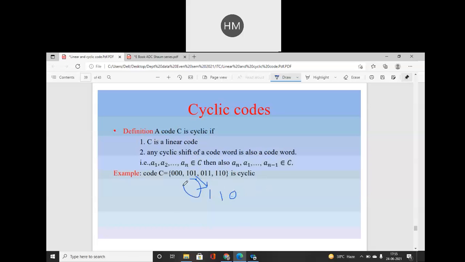Right shifting, it will come to the MSB position. So this is my MSB: 1, 1 and 0.